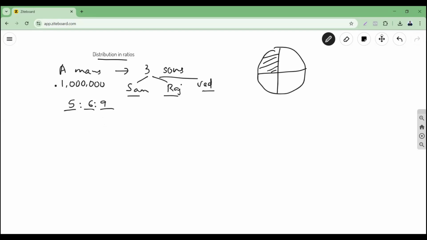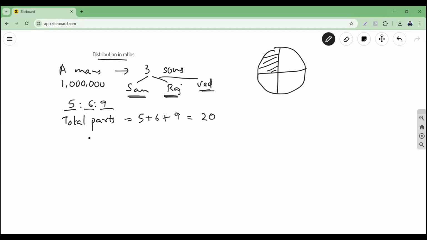That means out of his total wealth, the total parts he has made will be 5 plus 6 plus 9, right? That comes to 20 parts. That means whatever wealth he has, first he has made 20 parts and he has given 5 parts to Sam, 6 parts to Raj, and 9 parts to Ved.